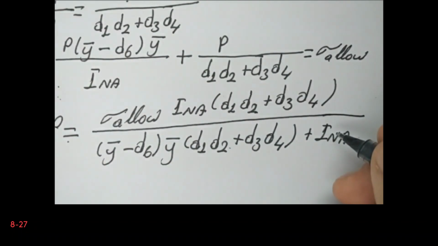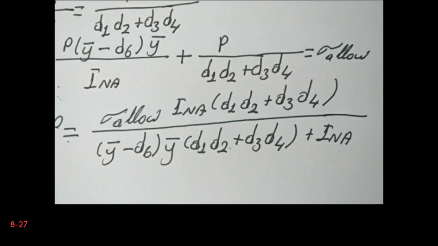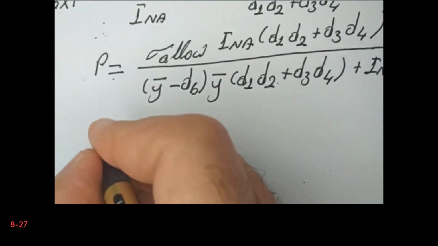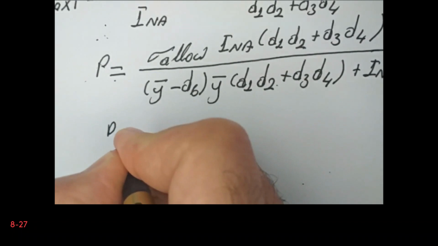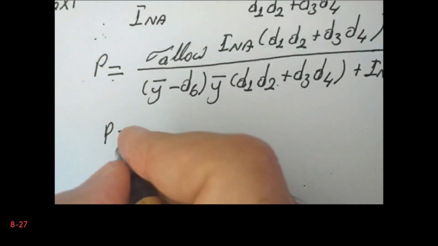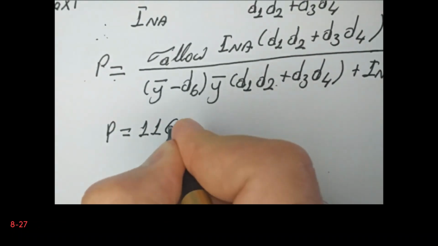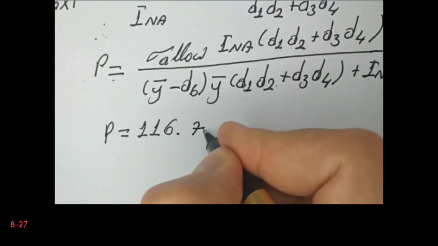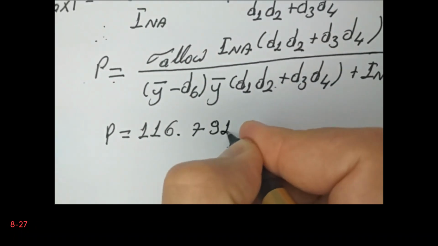So this is the expression for the P, therefore the value for the P is 116.791 kilonewtons.